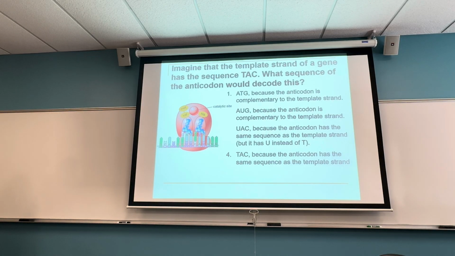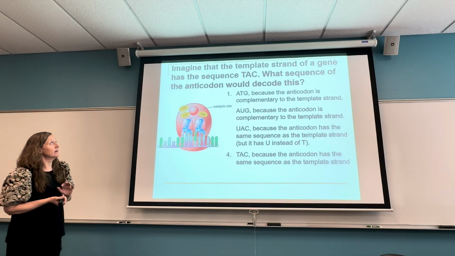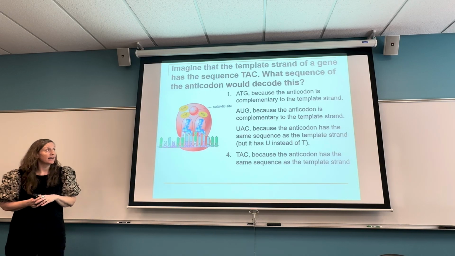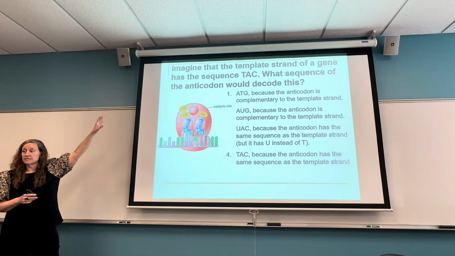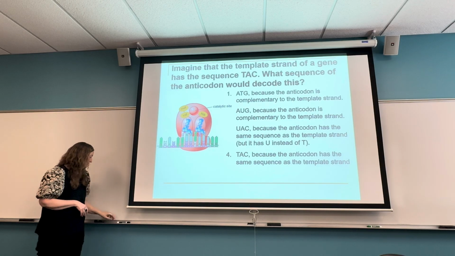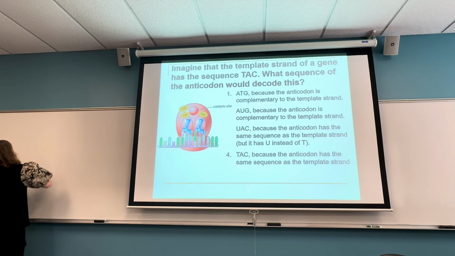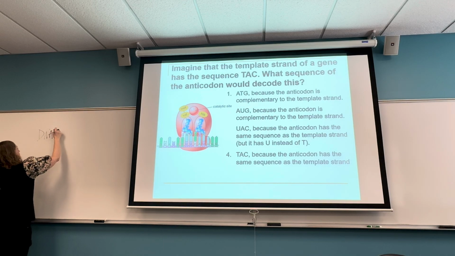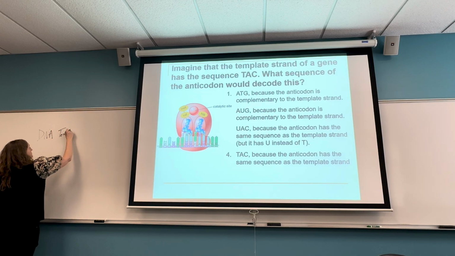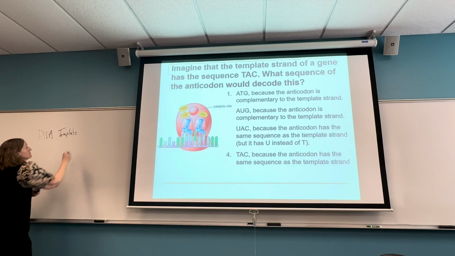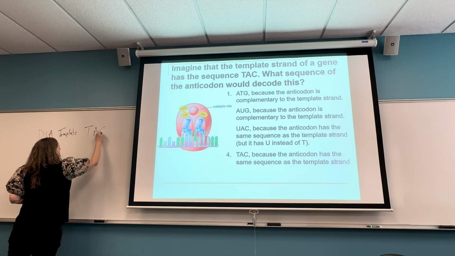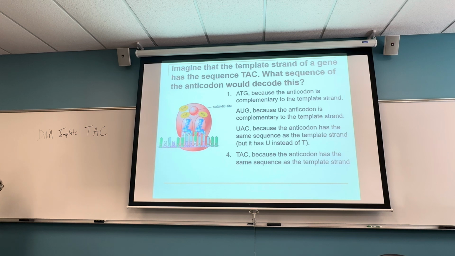So, a few questions. Imagine that the template strand of a gene has the sequence of TAC. So that means the DNA template strand. It says what sequence of anticodon would code for this?